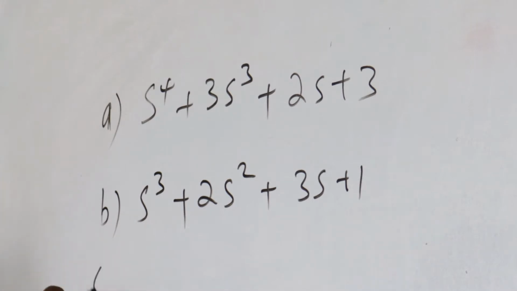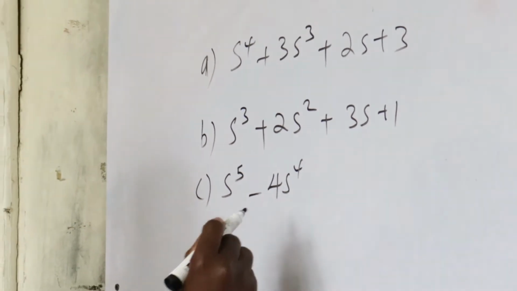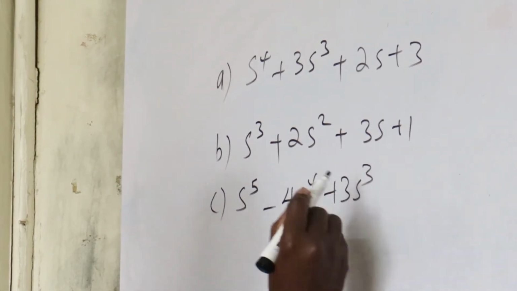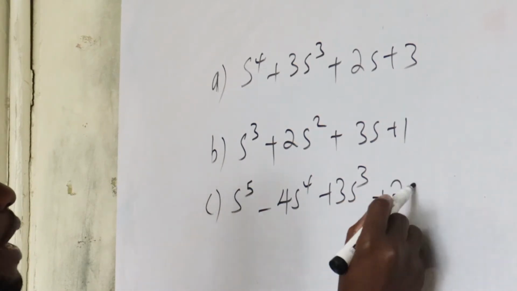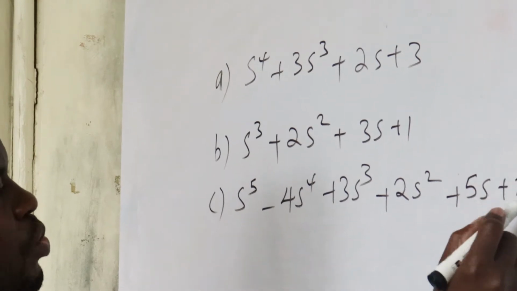Then we talk about C, which is s raised to power 5 minus 4s raised to power 4 plus 3s raised to power 3 plus 2s squared plus 5s plus 2.